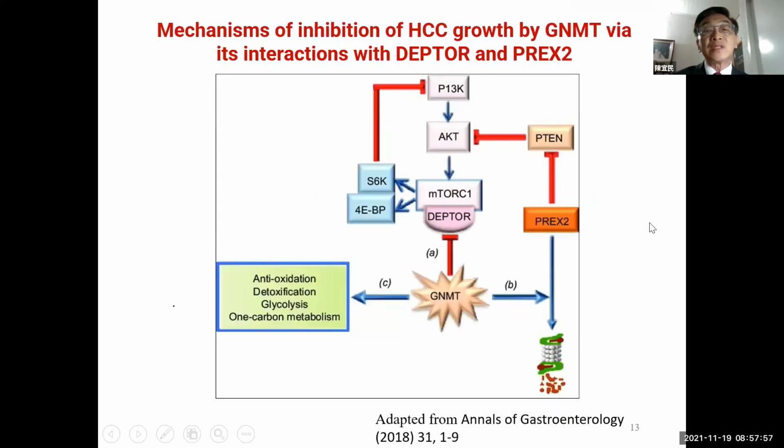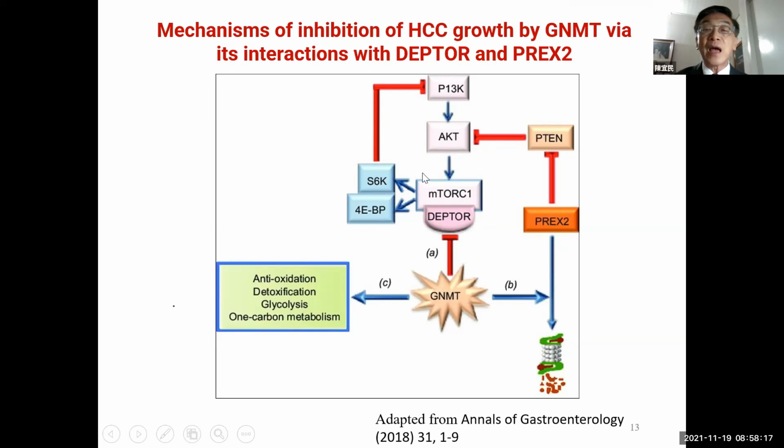So here we show the mechanisms of inhibition of HCC growth by GMT: GMT blocks deptol's inhibition of mTOR, and enhances PREX2 degradation.